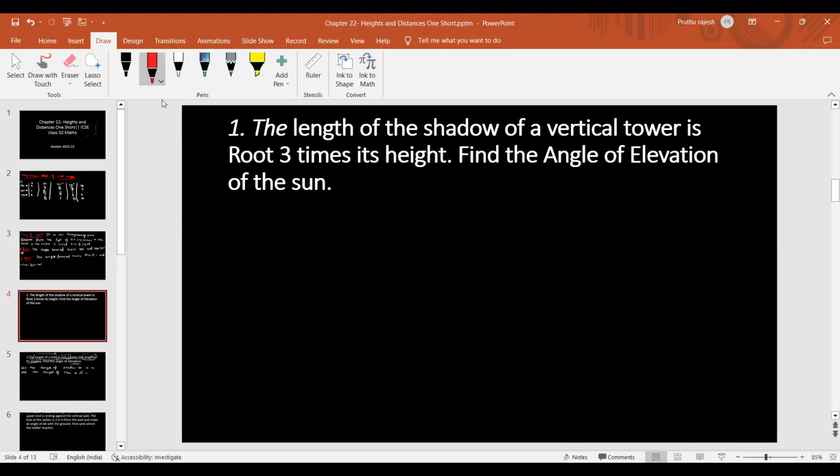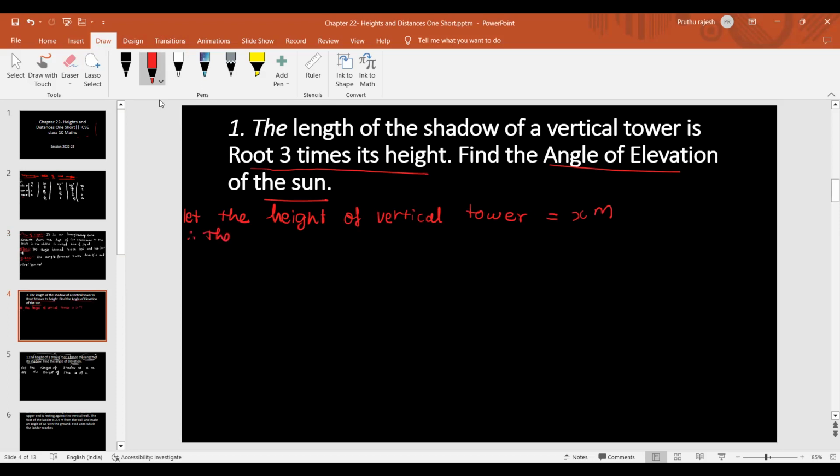The length of the shadow of a tower is root 3 times its height. Find the angle of elevation of the sun. So, very simple sum. Let us start solving it. First we have to assume the height of the vertical tower to be x meters. Let the height of the vertical tower equal x meters.